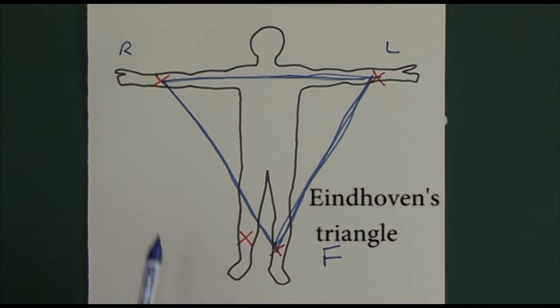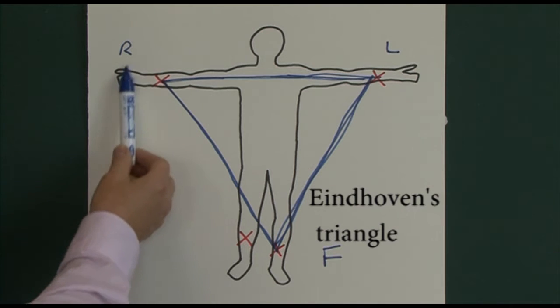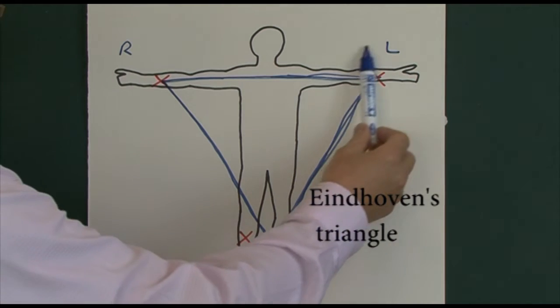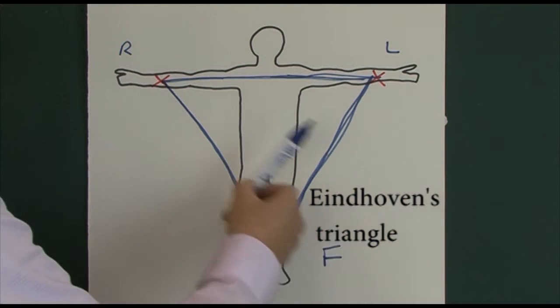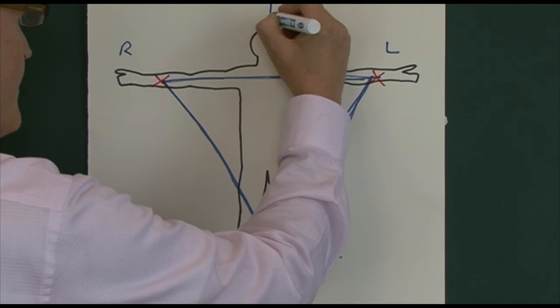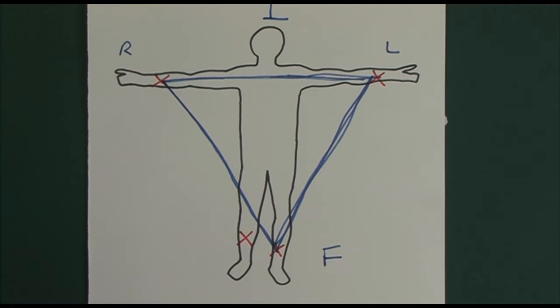Now, we're picking up electrical impulses from here and electrical impulses from here. And these are going away into our clever ECG machine. And as you know, the first lead on the 12 lead ECG is lead 1.